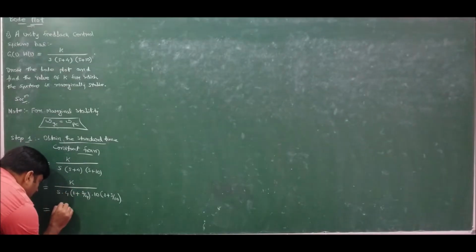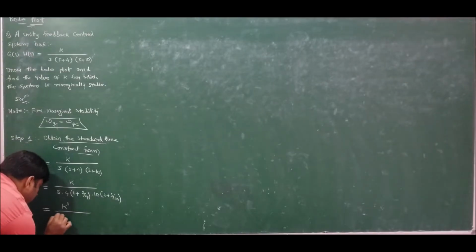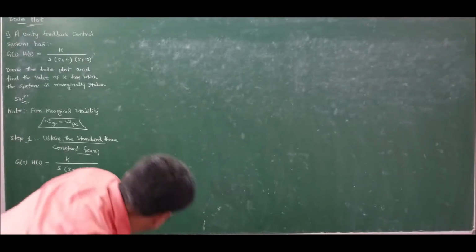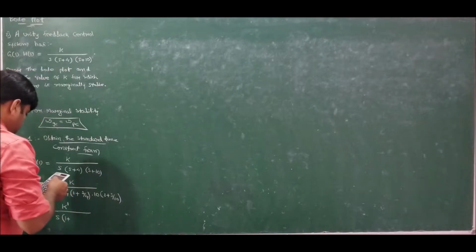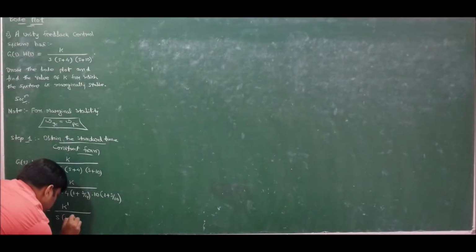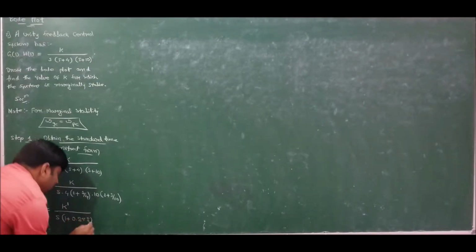Let me call K by 40 as K dash. K dash divided by s of 1 plus s by 4. How much is 1 by 4? That is 0.25 s.